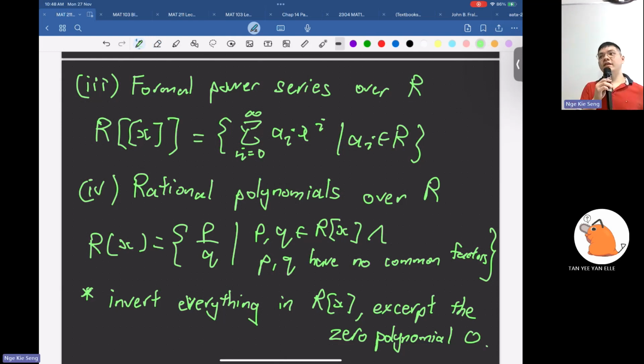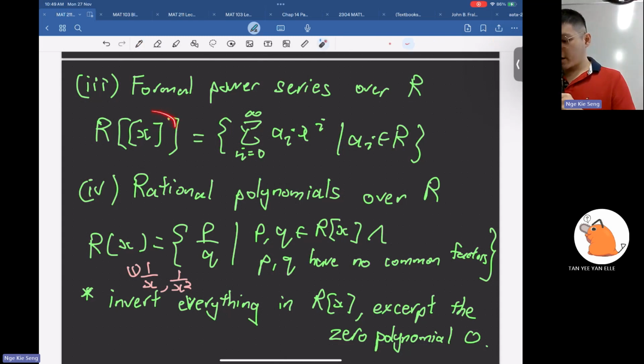So for example, here I can find 1 over x, and 1 over x squared. So this is a bit like the construction of rational numbers. That's why we call it rational polynomials. Note this is a round bracket, the above is a square bracket.